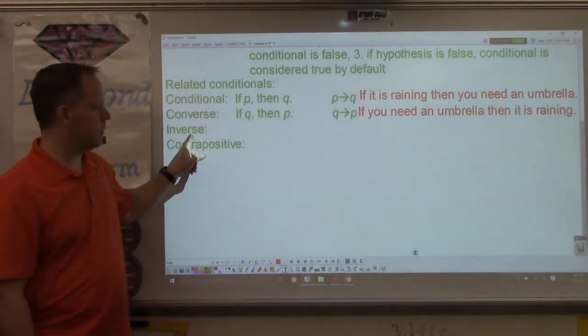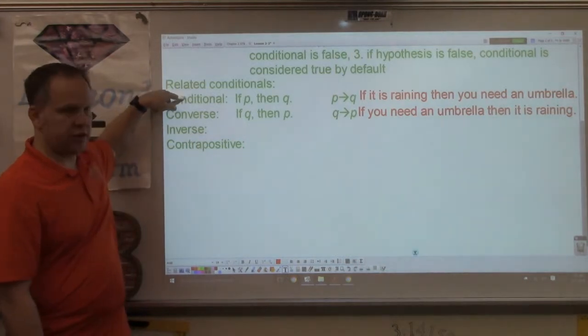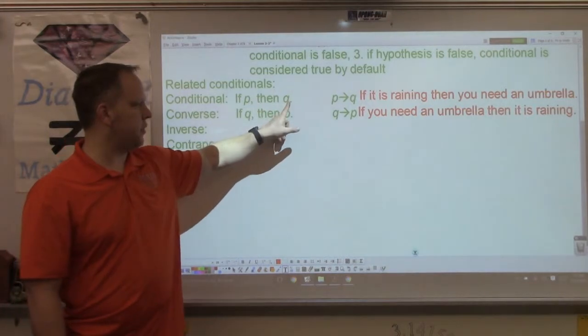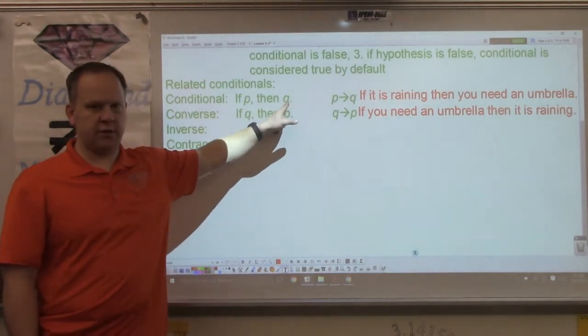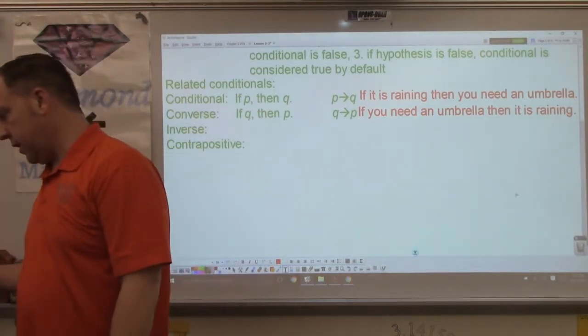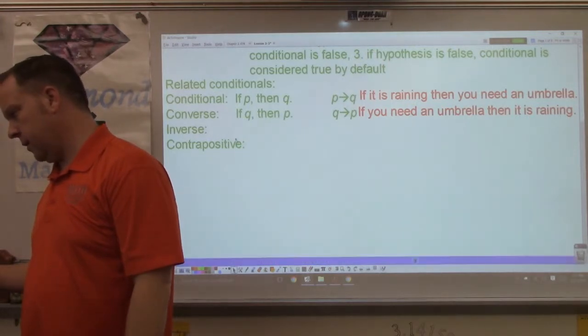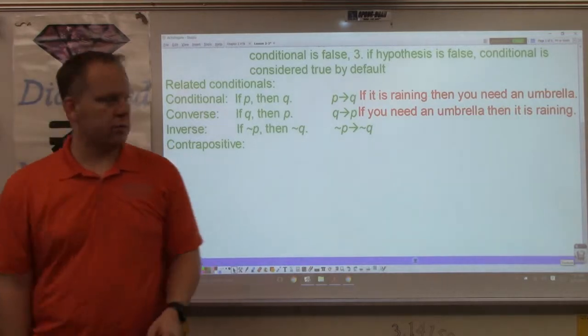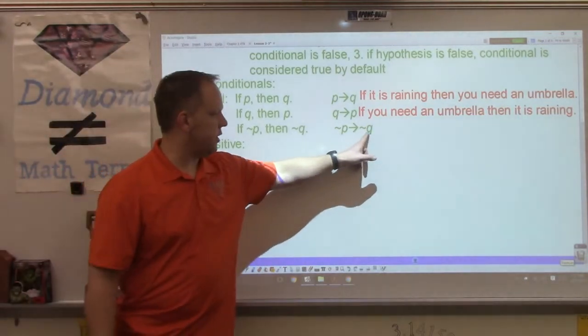The inverse goes back to the conditional, but now it does the negation of statement P and the negation of statement Q. We talked about negations yesterday in class. So the negation for this example would be if not P, then not Q. Sometimes you'll see this notation here.